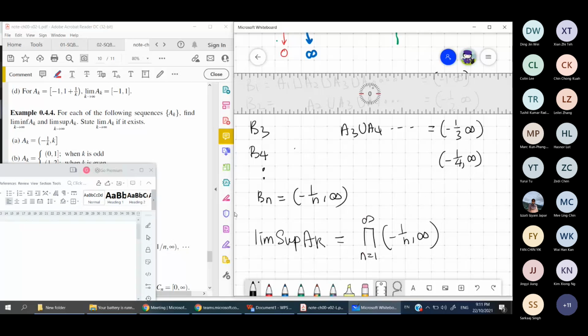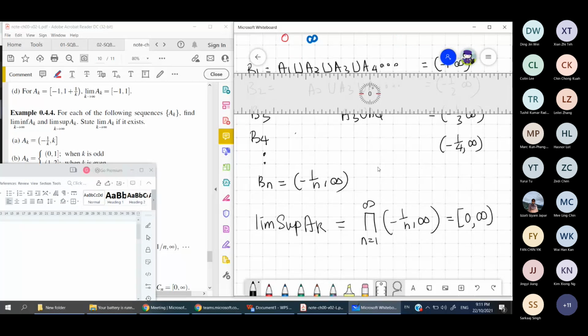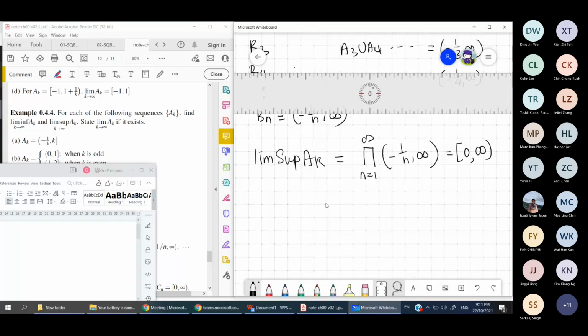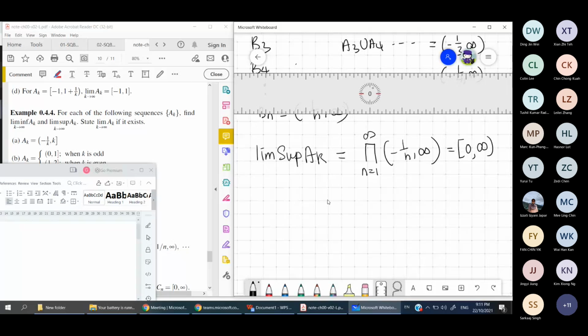So we can see, okay, this is 0 to infinity. So this is how we compute this limit supremum of AK. So this is this stage here. So to compute the limit supremum, we do it this way.